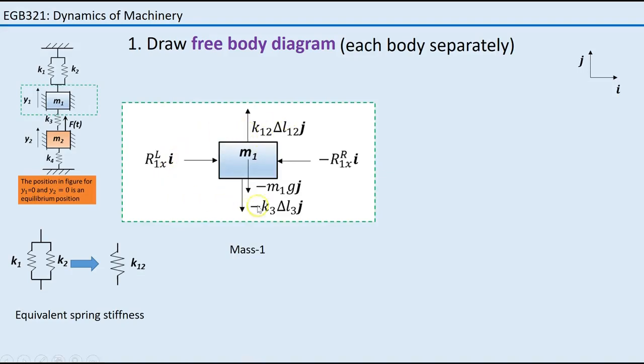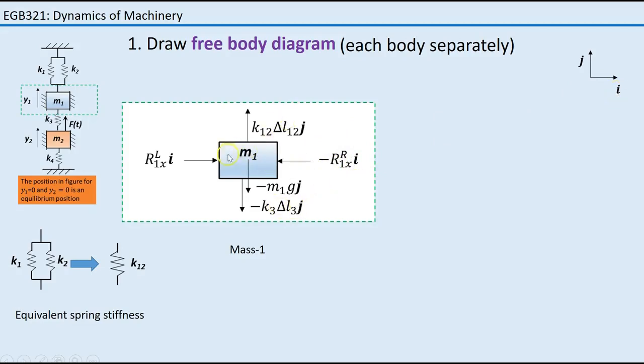Now let's consider all the forces acting on it. Because it is connected to ground on both sides, we get two reaction forces, R1x left side and R1x right side. This is negative because it is in the opposite direction of the positive vector.